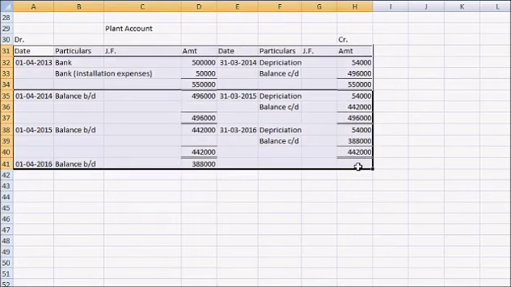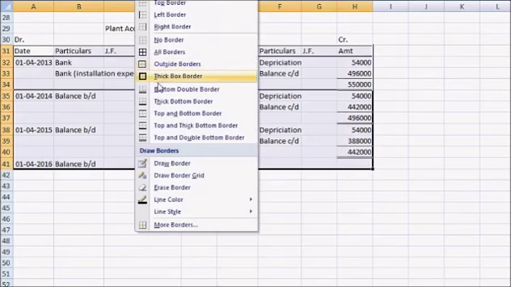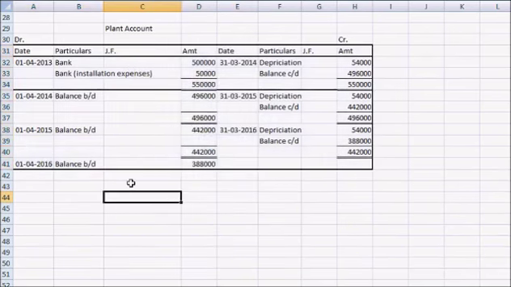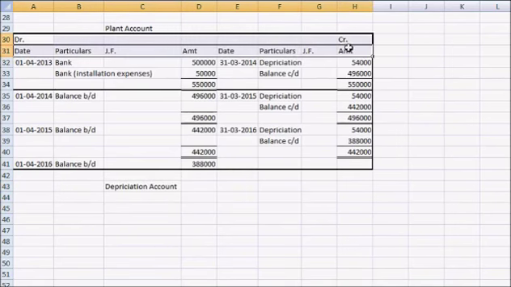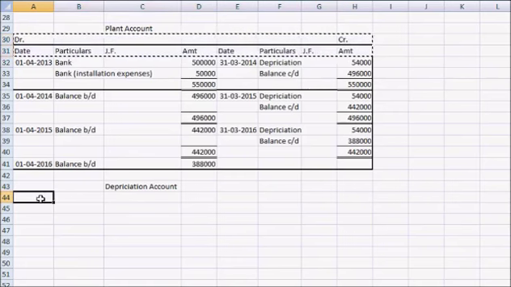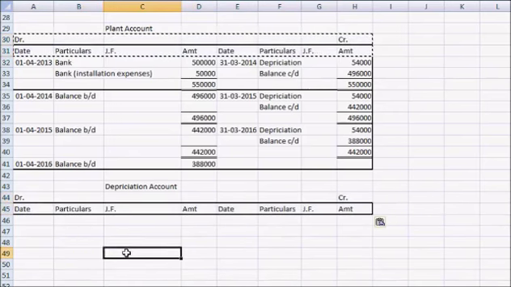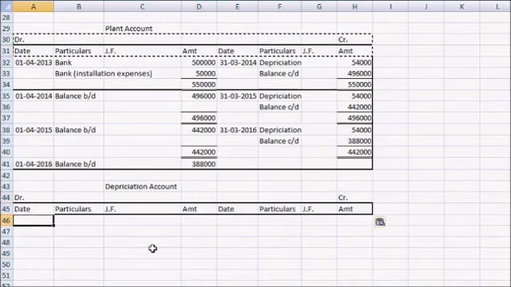Now I'll come to this depreciation account, how to prepare the depreciation account. Now I'm just copying the format. So what we need to do is just to make the entries.